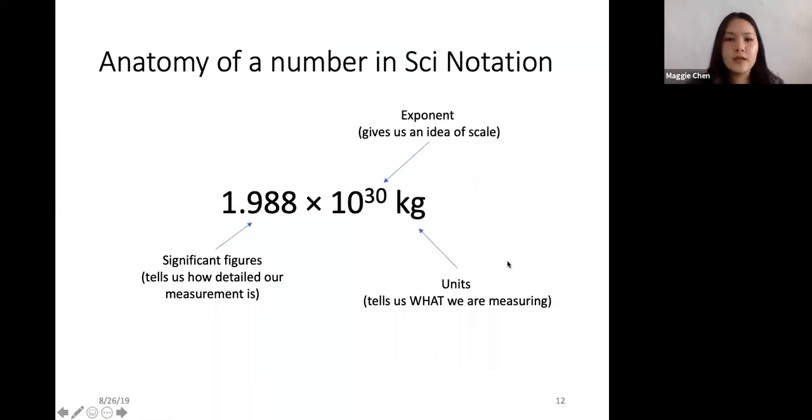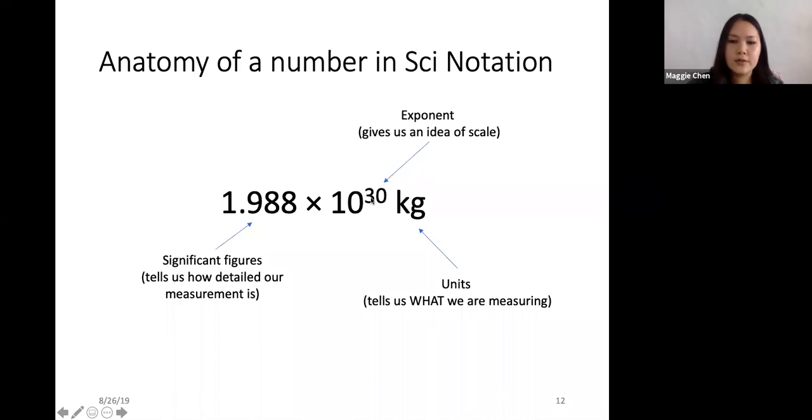So the breakdown of scientific notation. Again, we're looking at the mass of the sun, 1.988 times 10 to the 30 kilograms. This first part, 1.988, is the significant figures that we want to indicate. So it tells us how detailed our measurement is. The 10 to the 30, this exponent gives us an idea of scale.